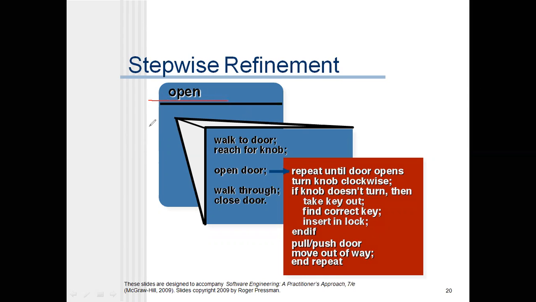This is the first step. Step 2, walk to the door. You need to go to the door and hold the knob or reach the knob. Try to open the door through that particular knob, walk through the door, and close the door.